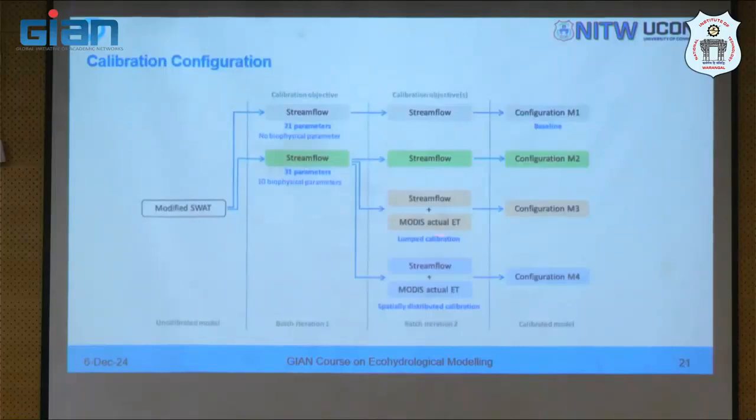So to describe, you have a modified SWAT, you had streamflow with 21 parameters as the baseline, and then the second case where you had 31 by adding 10 biophysical parameters. Then you have streamflow with 31 parameters, M2; streamflow with lumped ET, M3; and streamflow with spatially distributed ET as M4.